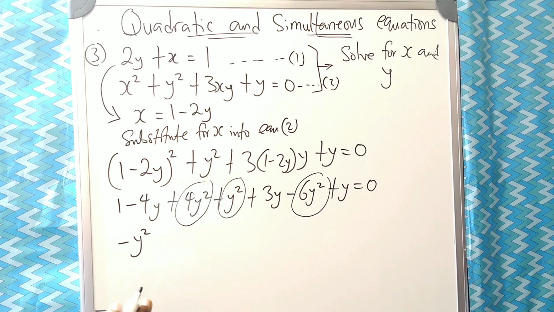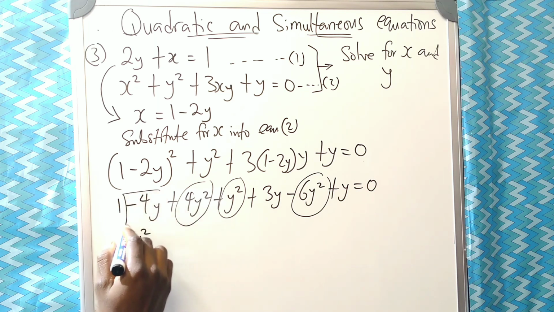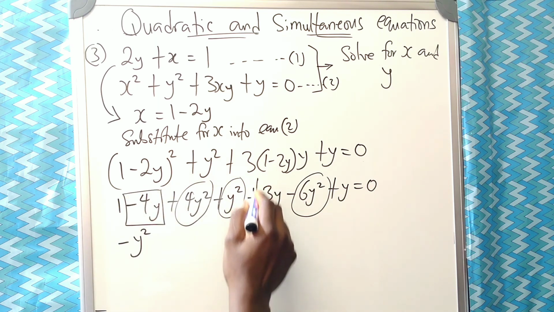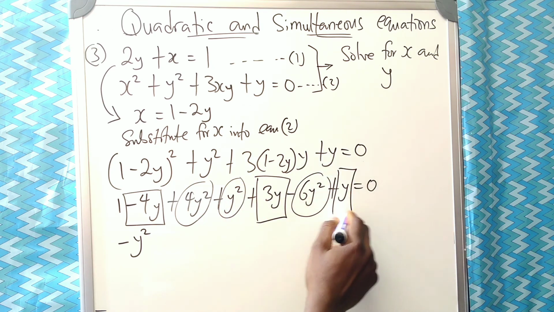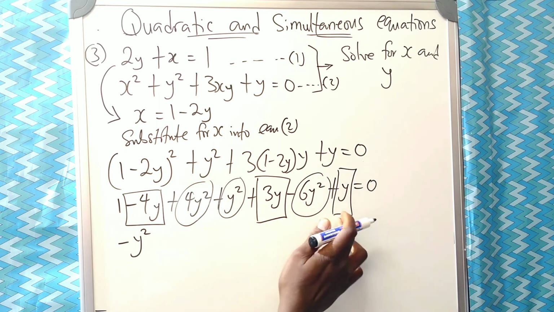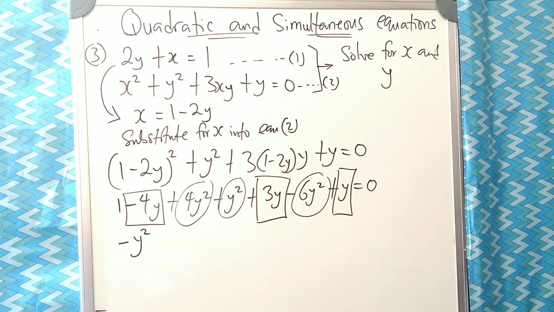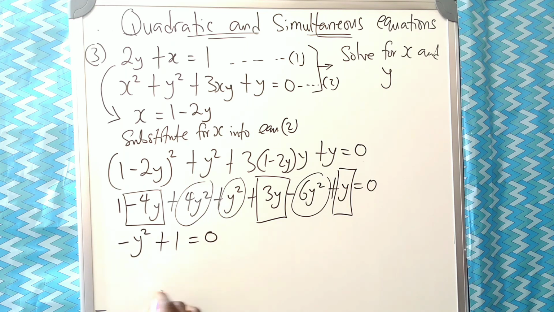For the coefficient of y, we have minus 4y here. We have plus 3y. Then we have another y. Definitely, 3y plus y will cancel minus 4y, so the y terms are gone. Then for the number, we have plus 1 equals 0.